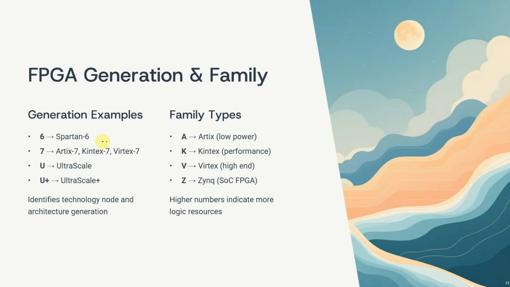Now, next is FPGA generation and family. For example, the generations we have are Spartan 6, Artix 7, UltraScale Plus. These are the generations we have in our FPGAs. A stands for Artix, which is a low power FPGA. K stands for Kintex, which is a performance FPGA. V stands for Virtex, which is a high end FPGA. And Z stands for Zynq.